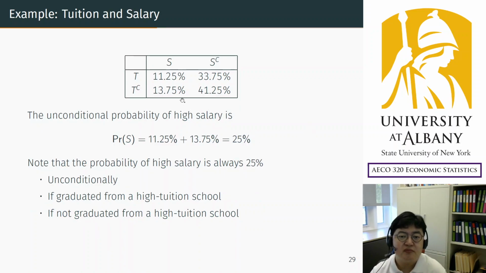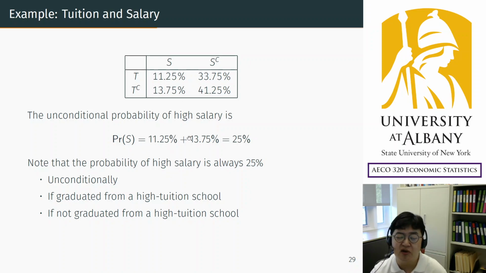So another thing we are going to compare is this one. The unconditional probability is also 25%, right? So what is the probability of earning a high salary? That is just these two types. You calculate the unconditional probability just by adding up these two.